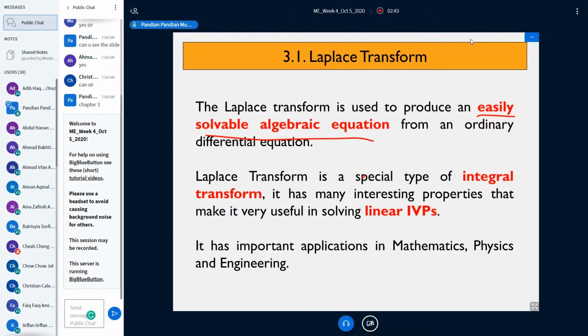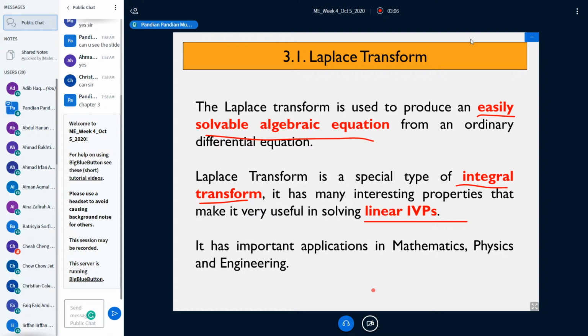So Laplace transform is a special type of integral transform. The origin of Laplace transform comes from integral transform. And it has many interesting properties, very useful in solving linear initial value problems. IVP stands for initial value problems.